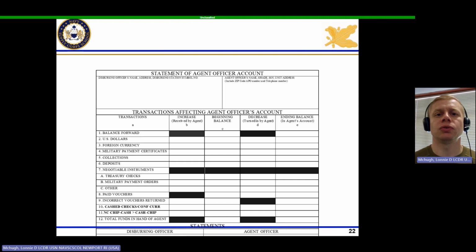So you're going to go over to column Charlie. You'll see that column A is transactions, B is increase, column Charlie beginning balance, delta decrease, E is ending balance. So you're going to go to 1 Charlie, balance brought forward, beginning balance, and you're going to put whatever dollar amount you had there before. So yesterday's line 12, total funds in hands of agent. So for this, we're just going to say it was $5,000.